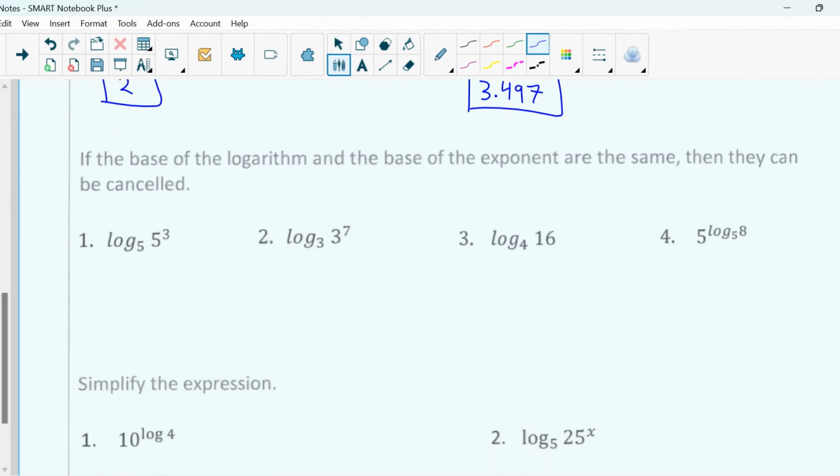All right, so if you have an exponent in your log, then you can cancel out both your base and the exponent. So if I wanted to, I could cancel these out, and that's just going to leave me with my solution, which is 3.